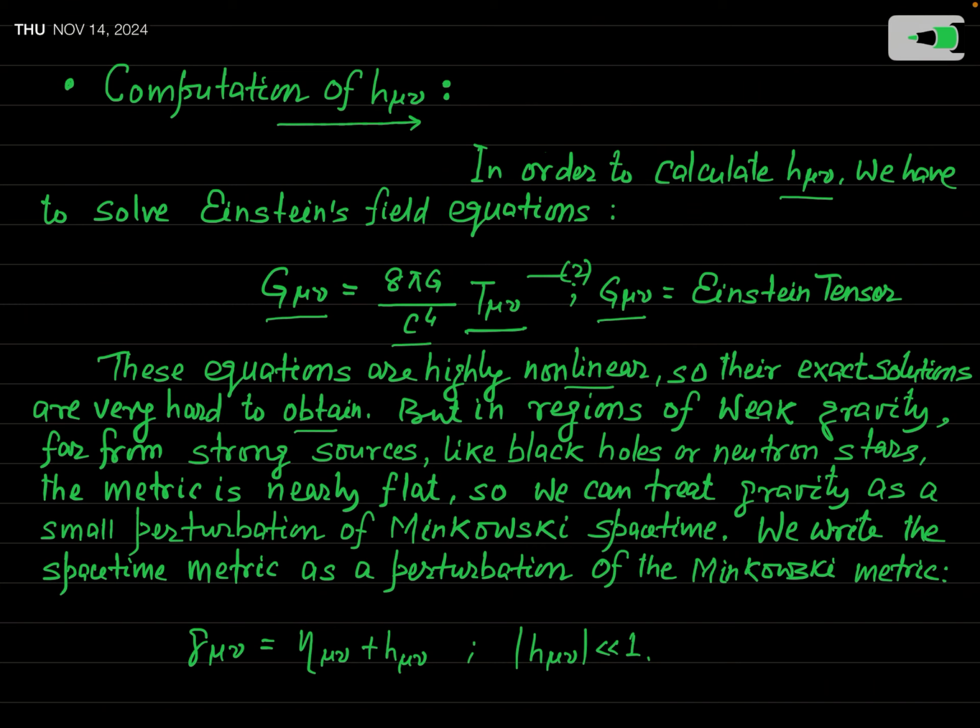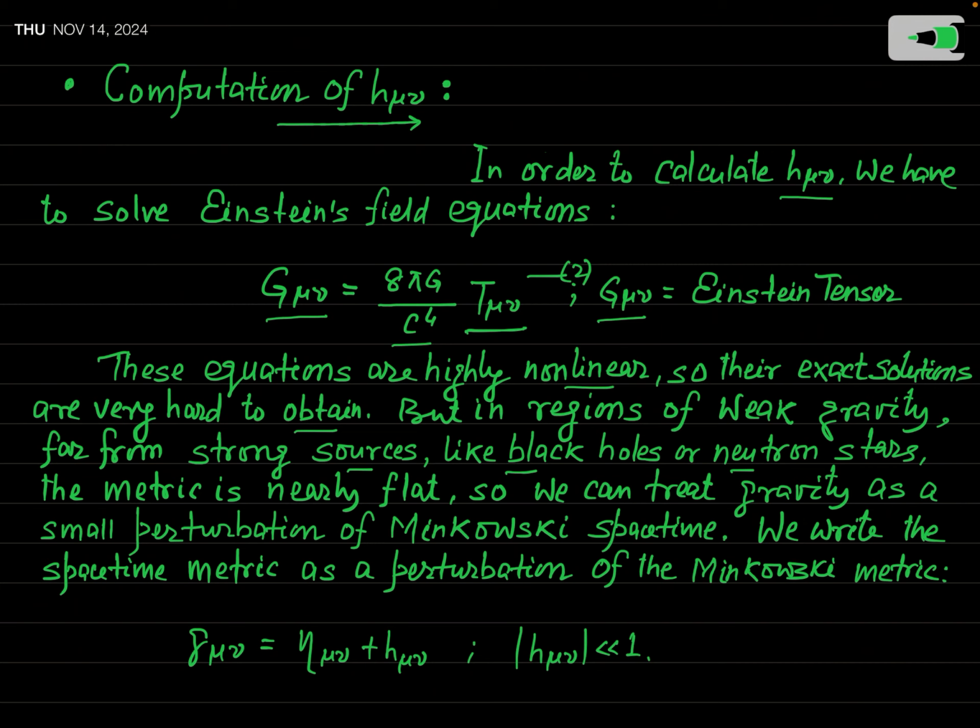When we talk about a region where there is weak gravity, where will there be weak gravity? The region which is far apart from strong sources like black holes or neutron stars. If the region of calculation is far apart from the source of gravity, which is strong, but our calculation point is very distant from it, then there will be a weak gravitational field.